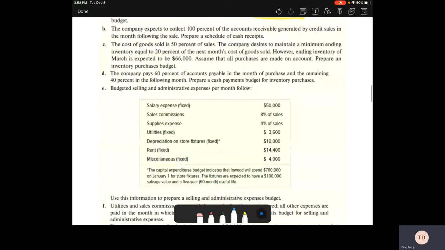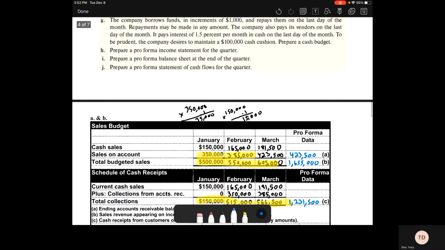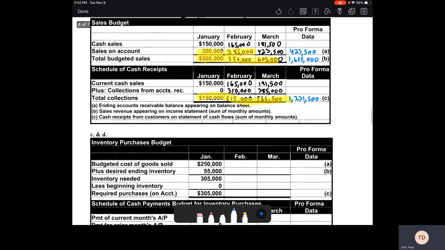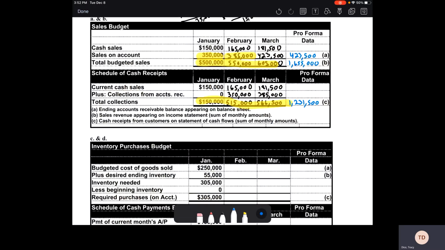So we come back up to part C and D, and they tell us the cost of goods sold is 50% of your sales. So that's the first thing we need to figure out here, cost of goods sold. Well, if during January we sell 500,000, half of that is 250.